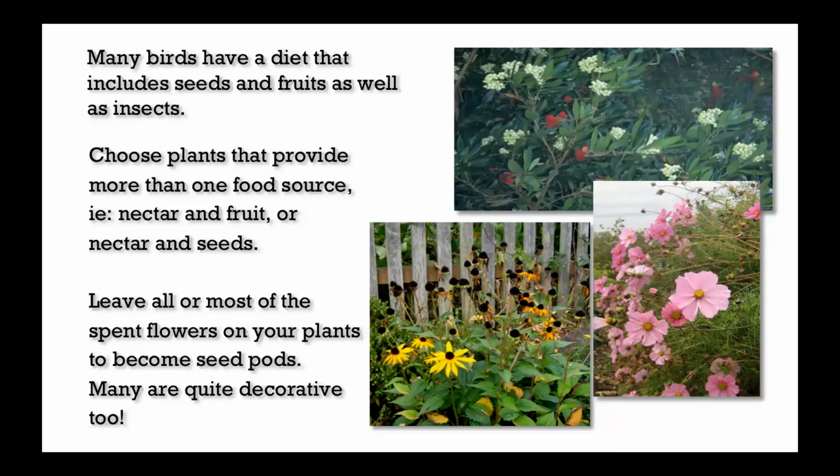And in the spring, when the worms are all coming to the surface, they eat almost all worms. So birds and other wildlife do change what they eat seasonally. So if you can choose plants that provide more than one source, whether that's nectar and then the fruit that results from the flowers, or the seeds that result, you're kind of doubling your impact of the plant you choose.